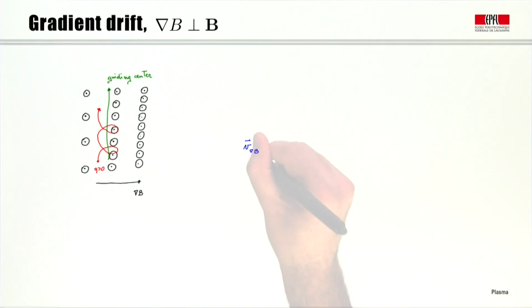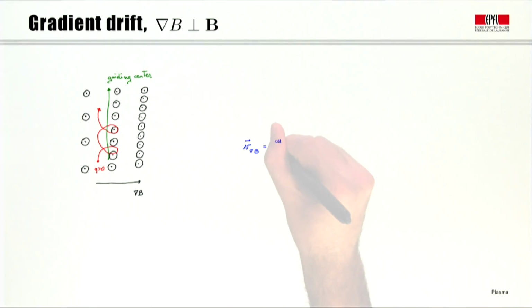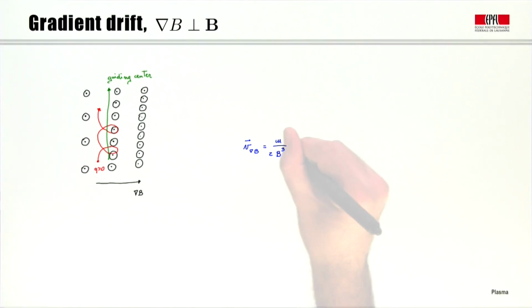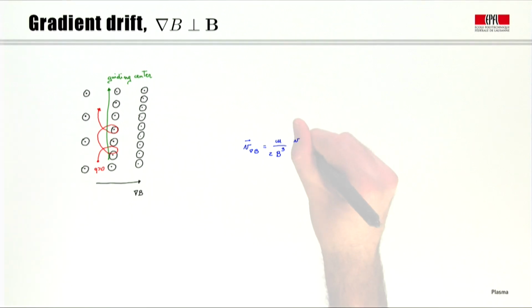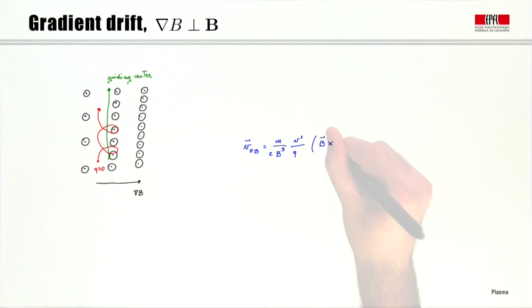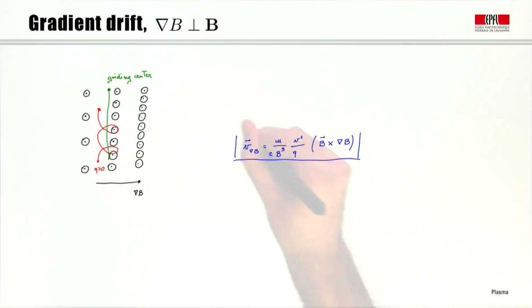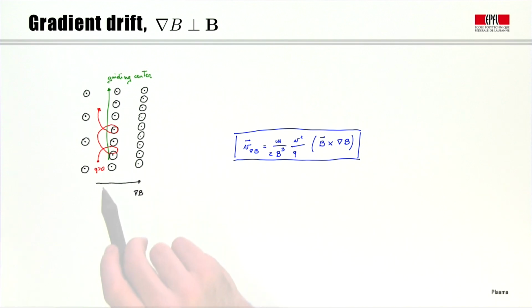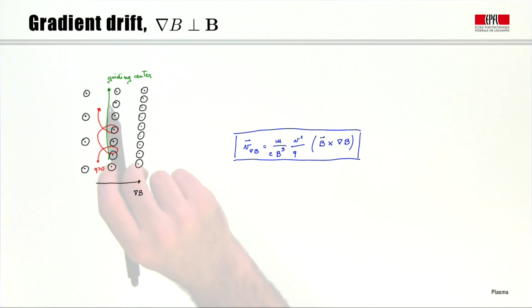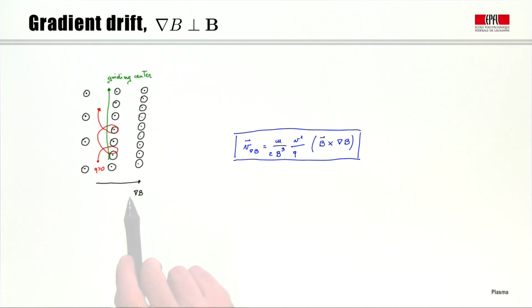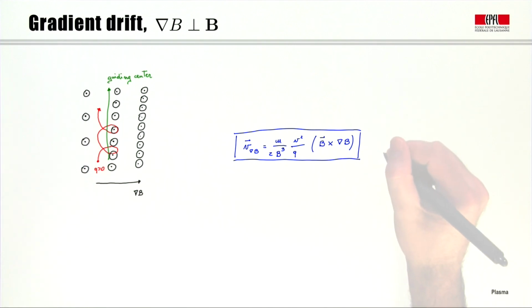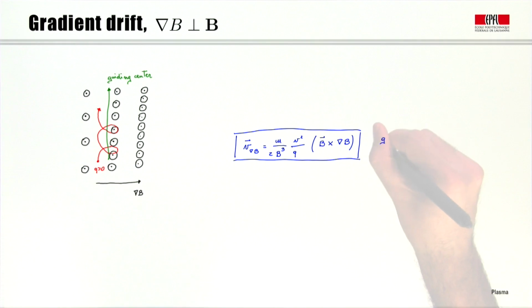That is, the V due to the gradient of the magnetic field is equal to the mass of the particle divided by 2 B cubed, V of the particle divided by the charge, times the magnetic field cross the gradient of the magnetic field. As we see here, the guiding center will drift in a direction that is perpendicular to both grad B and B. This is what is called the grad B drift.